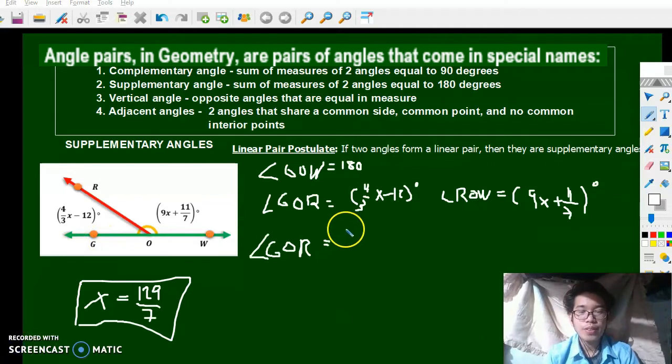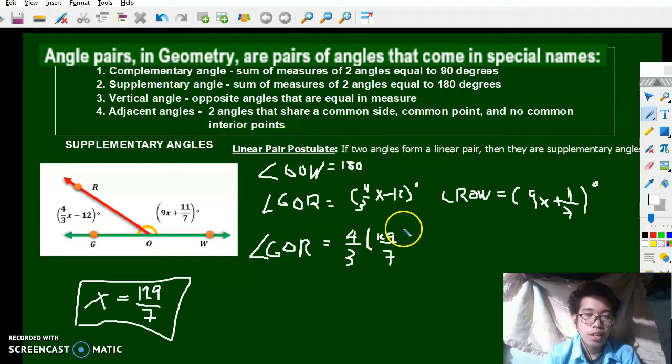The measurement of angle GOR is 4/3 x minus 12, so we simply substitute the value of x, 4/3 times 129 over 7, then subtract 12, as given for angle GOR.